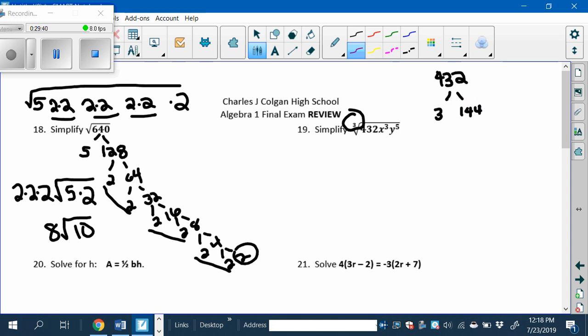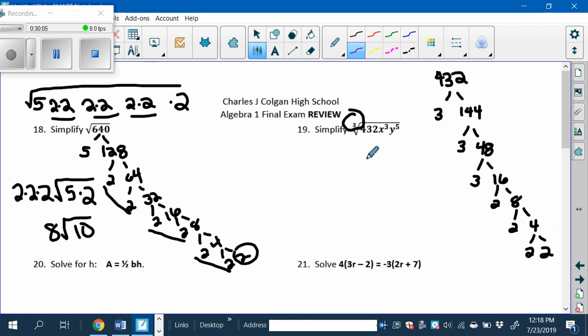And I know that's also divisible by 3. So that's 3 times 48. And that's 3 times 16. And that's 2 times 8. And 2 times 4. And 2 times 2.